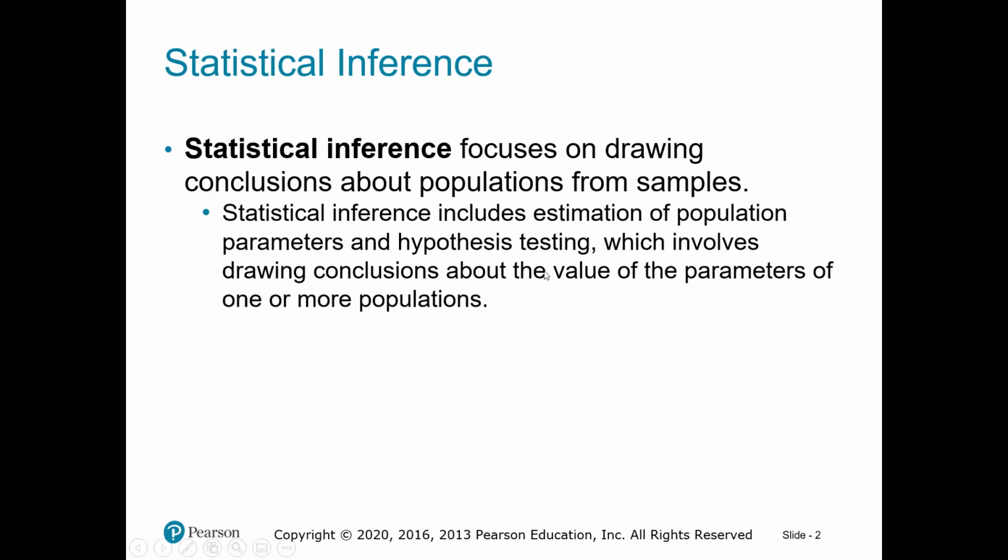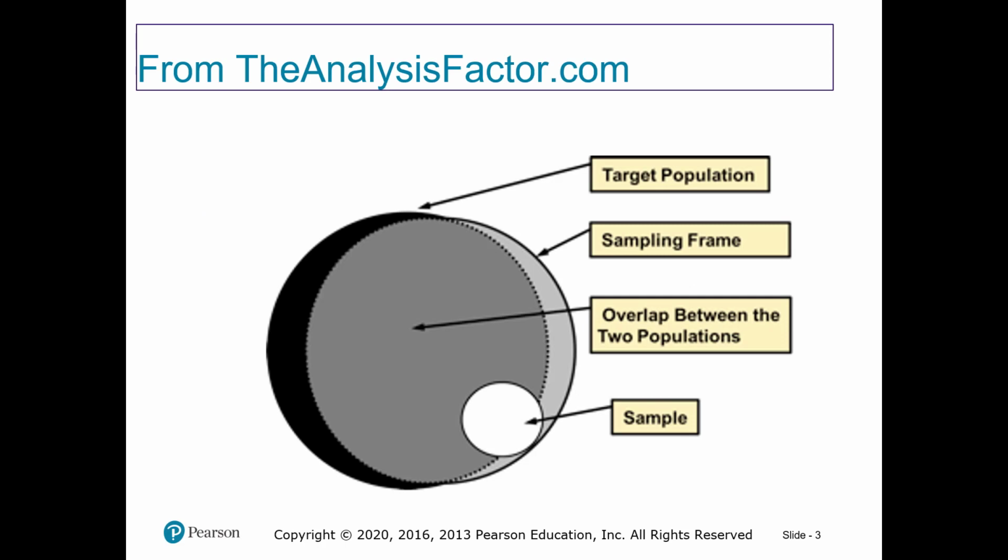So this chapter is all about statistics, and statistics is basically making inference on a population using a sample. So that's all we're doing. Let me go to my little example. I got this from kind of a marketing example.